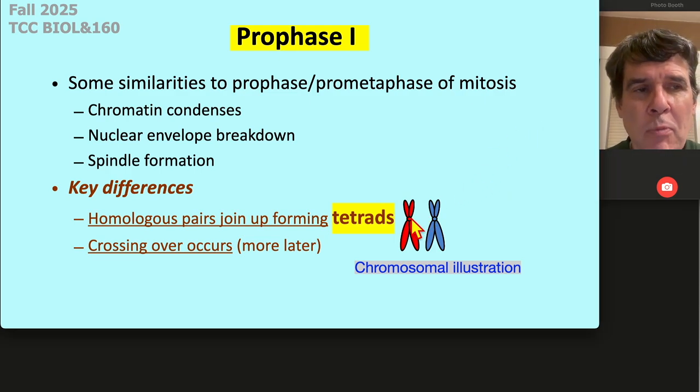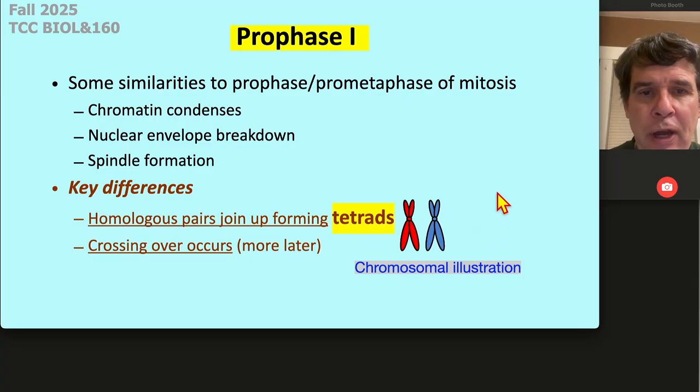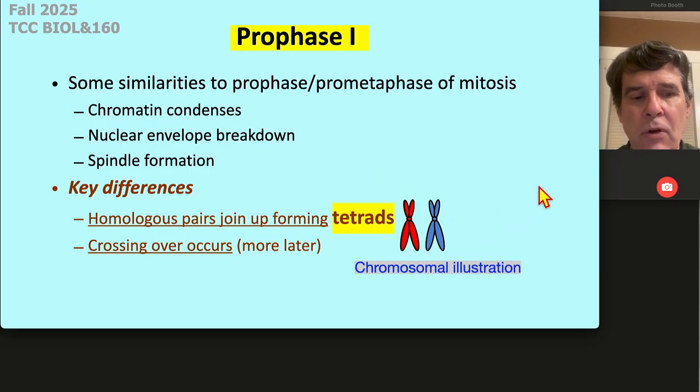That is, chromosome number 17 lines up with chromosome number 17, forming this particular shape called tetrads, a key element that biology students want to commit to memory. In this tetrad state, there will be a little exchange of genetic material in a process called crossing over that we will find out about shortly.